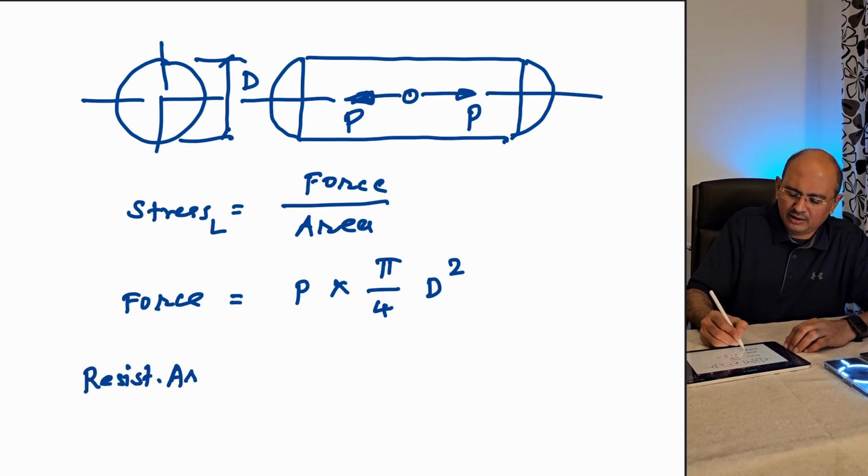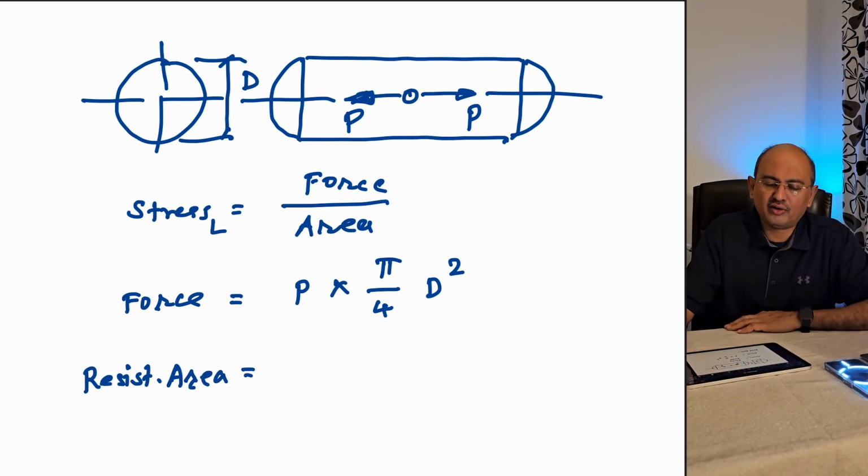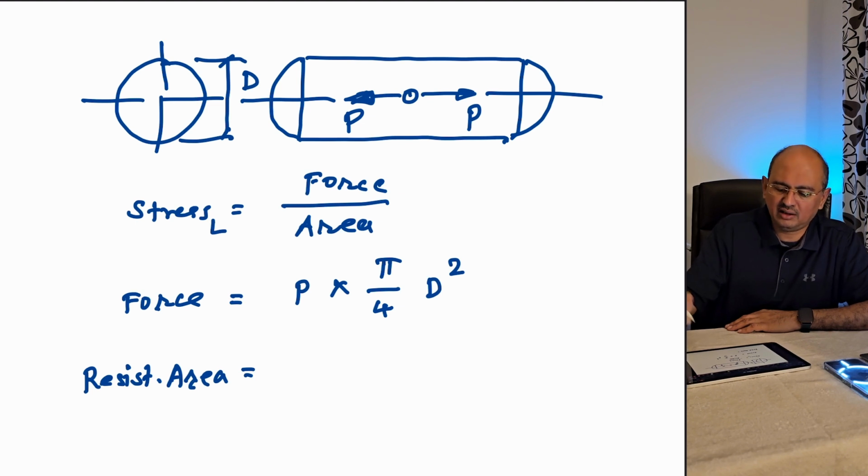So the resisting area which is offered by the pipe will basically try to balance this pressure force acting in the pipeline.